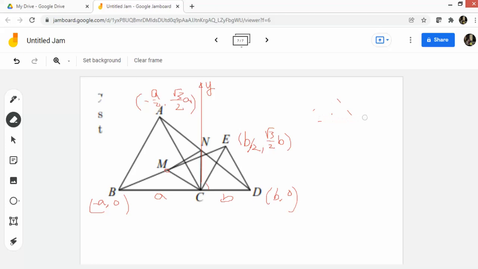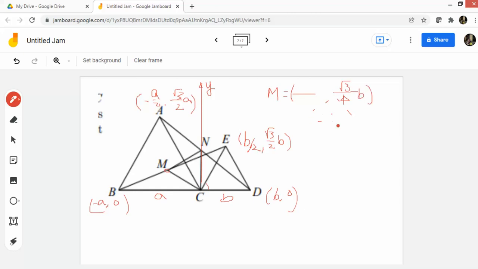So brute force. For the middle point M, what does M say? M should be the middle, right? Middle is A plus B, this plus this, divided by 2, right? So M is supposed to be this, 4√3 B, right?